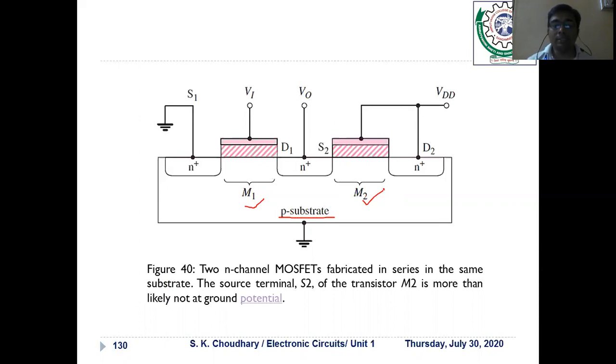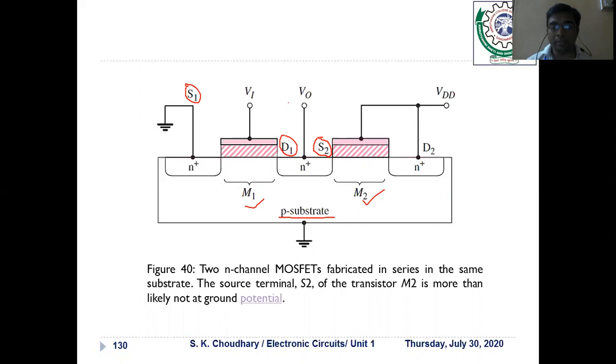If you look at the structure, the source terminal of M1 is here and the drain terminal of M1 is here, and that is also the source terminal of M2.